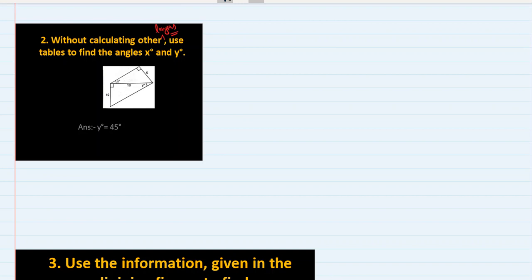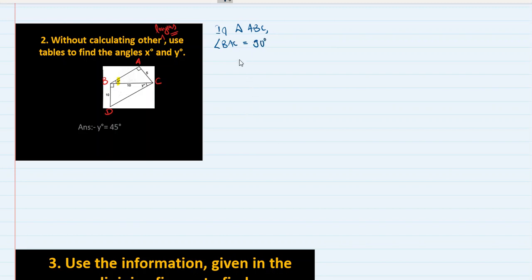Now let us first talk about x. With respect to x, this side is the hypotenuse and this side is opposite. Now if it is confusing, let me name it A, B, C, and this is D. So I can write it as in triangle ABC, angle BAC is 90 degree.